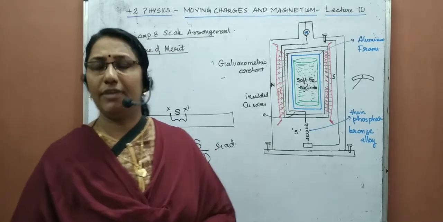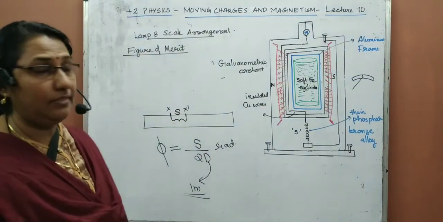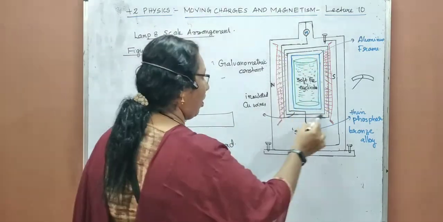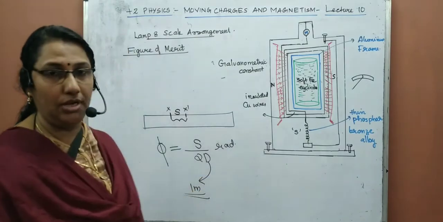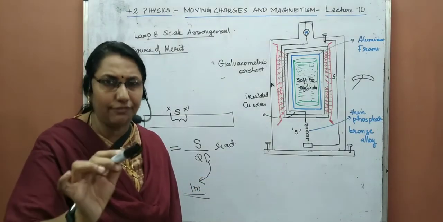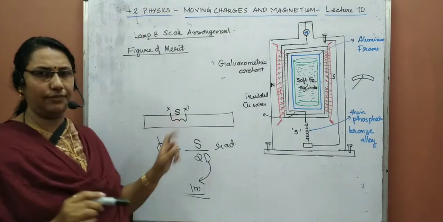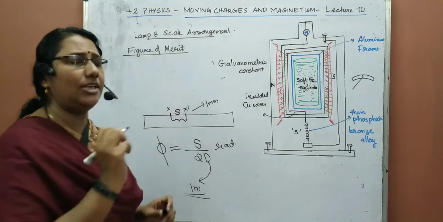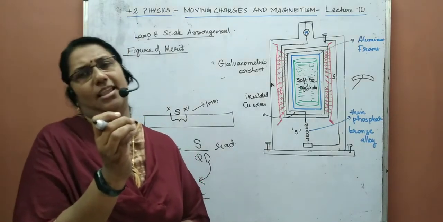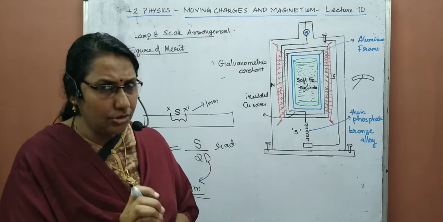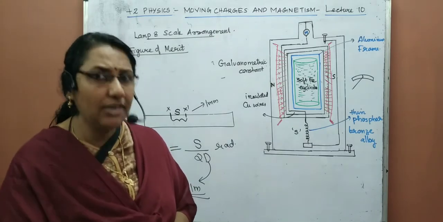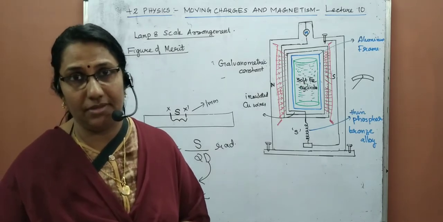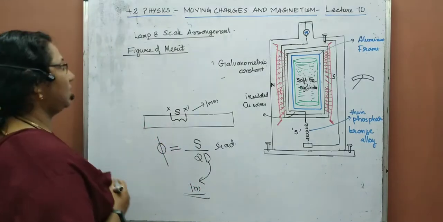Figure of merit is defined as the amount of current passing through the coil which causes a shift of 1 millimeter on a scale which is placed 1 meter away from the mirror.